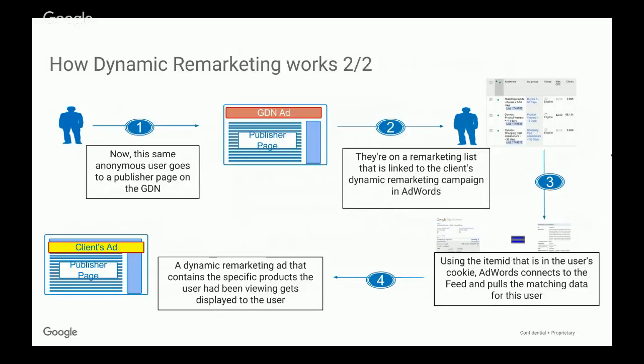So basically, using the item ID that is in the user's cookie, AdWords connects the same product, the same service that has been viewed, connects it to the feed, and pulls the matching data for these particular users. So a dynamic remarketing ad that contains a specific product the user had been viewing gets displayed to this user.